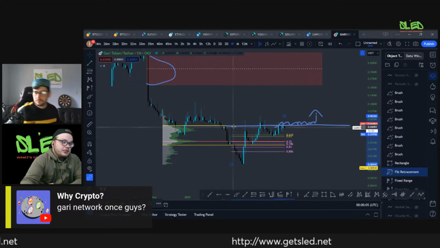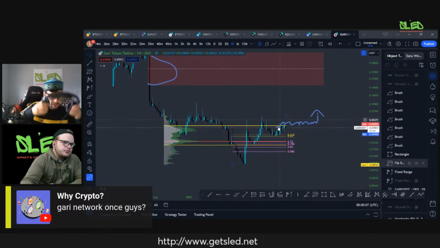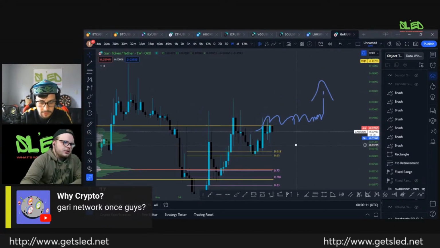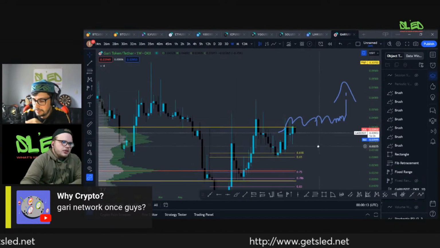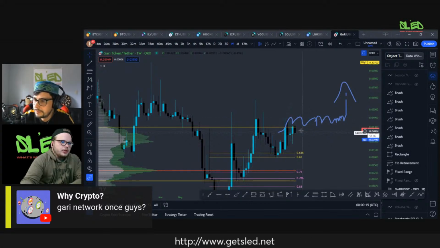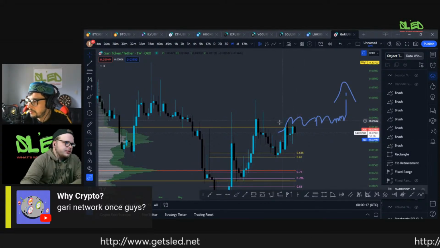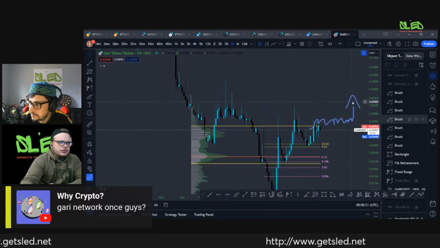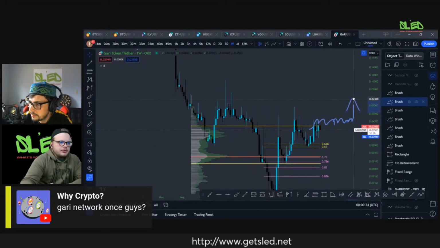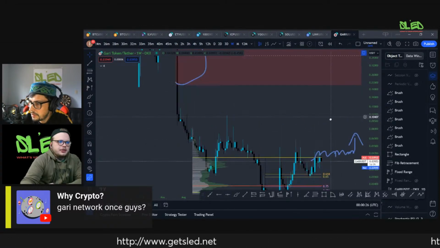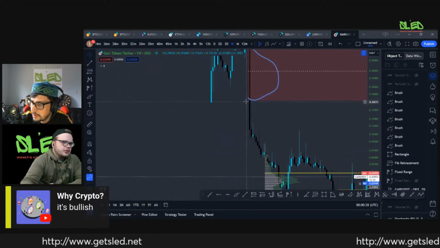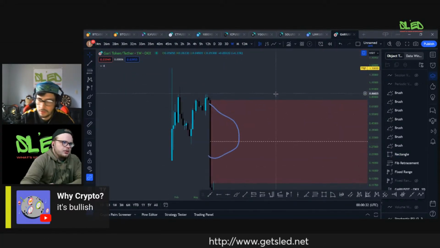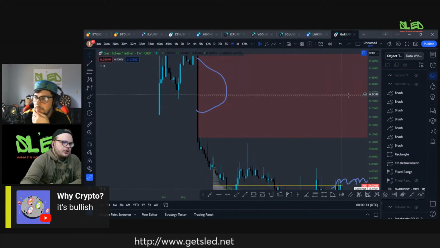If we start coming up, the previous week looks kind of okay. If we start closing a couple of weekly candles above this value area high, I would hold my horses and look for the upside to fill this here, minimum to the half.